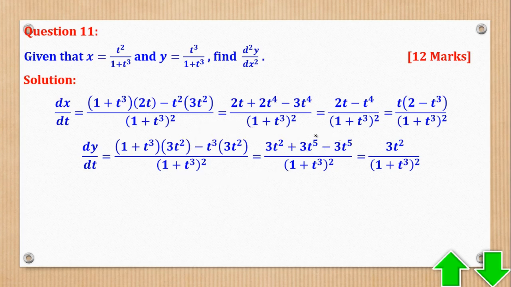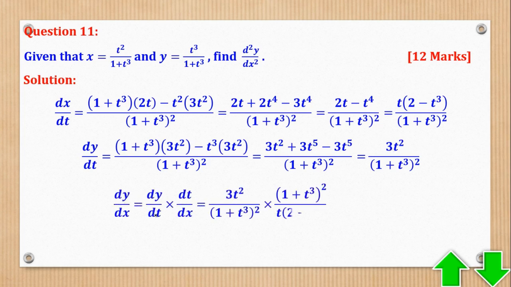Then from there, this cancels with this, you remain with this alone in the numerator. Therefore, by chain rule, dy/dx will be dy/dt times dt/dx. So dy/dt is this, and dt/dx will be this reciprocal. Then you realize that this and this cancel, and even this t cancels with 1t, so the numerator remains with 3t, and the denominator remains with 2 minus t cubed.